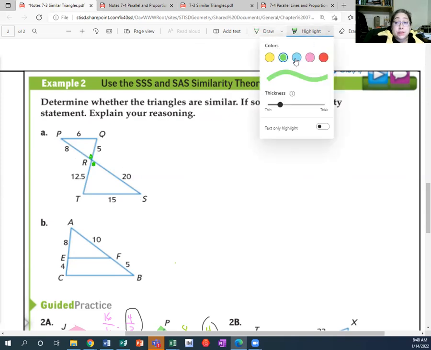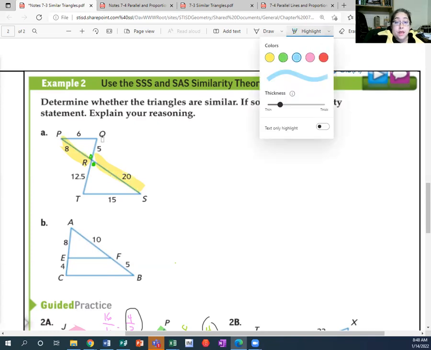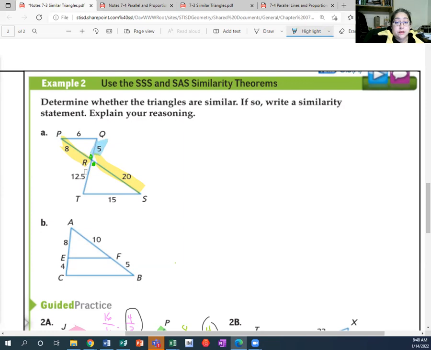That tells me which sides I need to have fractions for. I need that one and that one, and this one and this one, because those are the ones that come together and form those angles. It gives us the included angle.